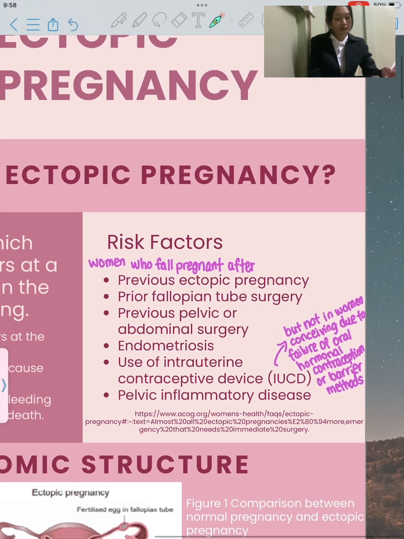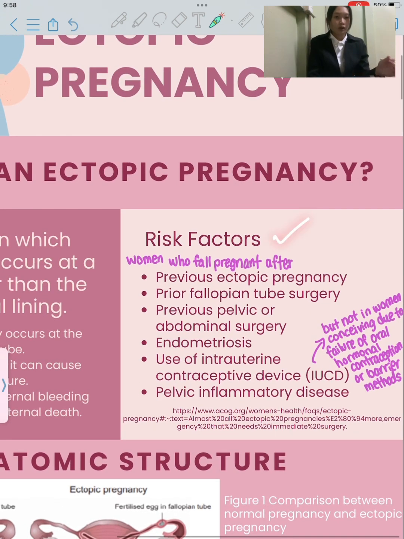Next, we move on to the risk factors. What factors increase the risk of a woman getting ectopic pregnancy? The first one is that a woman who falls pregnant after a previous ectopic pregnancy or prior fallopian tube pregnancy will have a higher risk of getting ectopic pregnancy. The same goes for women who undergo previous pelvic or abdominal surgery and endometriosis.